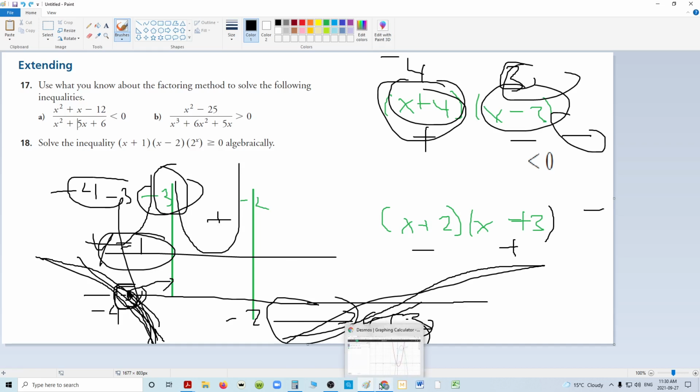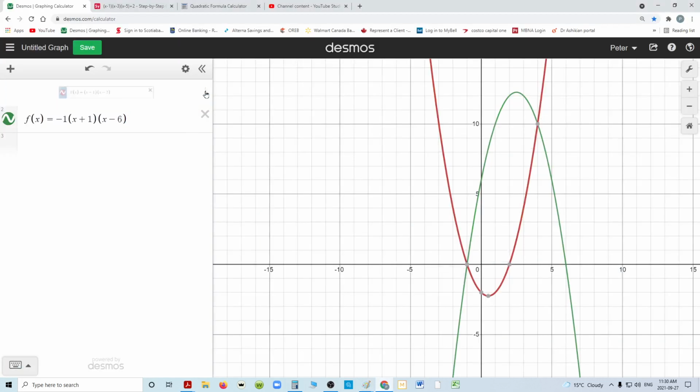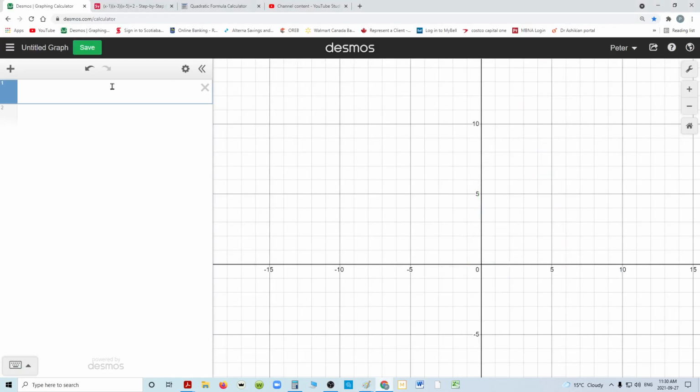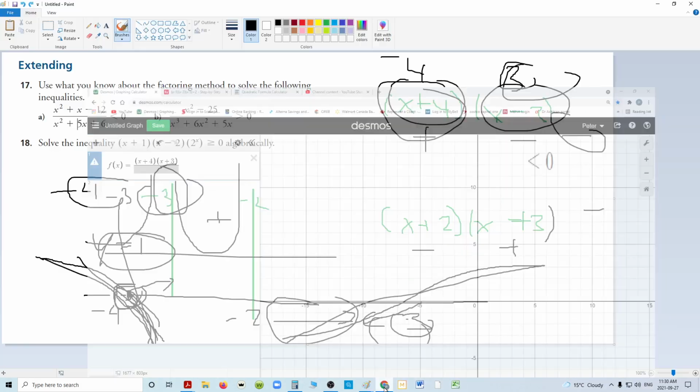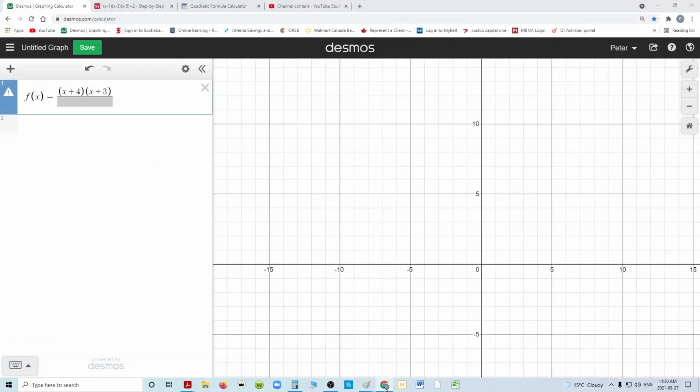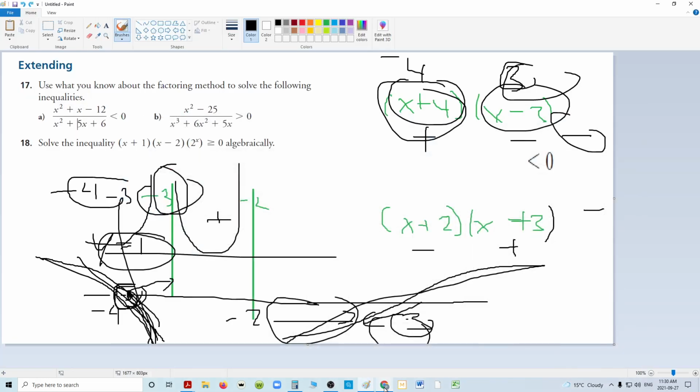Let's see if it's true. So x squared plus x over 12, f of x is equal to, let's just use the factors. x plus 4, x plus 3. x minus 4, right? Was it x minus 4?